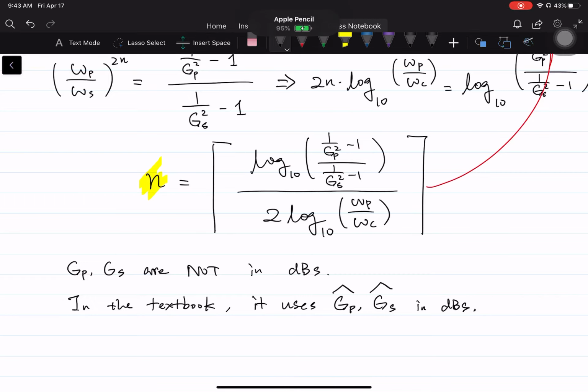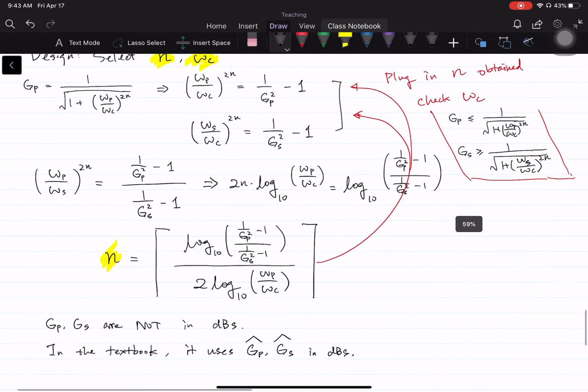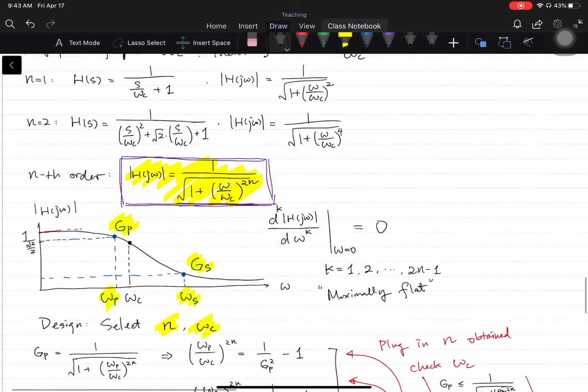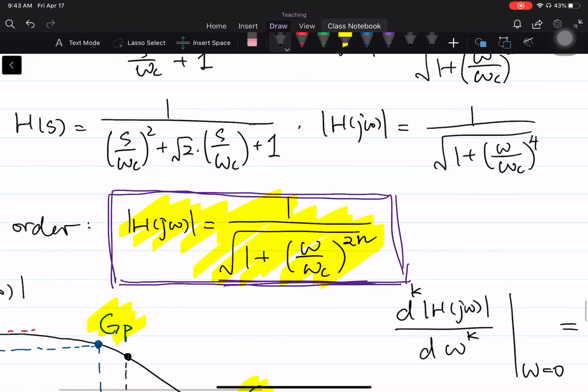In the homework that you're going to do this week, which is due next Thursday, you have 3 problems on the design of a Butterworth filter. Some of them will require more complex calculations like this. Some of them will just require your understanding of this frequency response function, and some simple calculations can give you the answer.